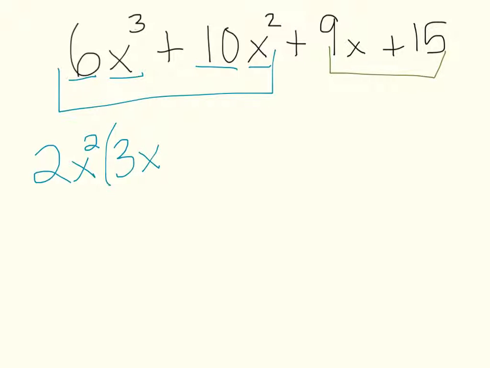And remember, the way that we can double check our work here is if I were to multiply back through, 2 times 3 is 6, x squared times x is x to the third. So that way I just make sure that I pulled out my greatest common factor correctly. Now if I take a 2 out of the 10, meaning if I'm dividing by 2, I'd be left with a 5. And the entire x squared came out in front.